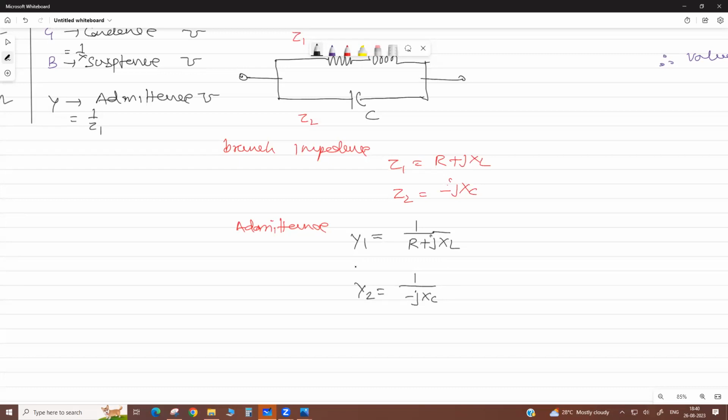Now this is multiplied with complex conjugate, j by j. Actually, the value of j, it is an operator. What is it? j is a vector operator. If I suppose vector P, if it is multiplied by j, it rotates in anti-clockwise direction with 90-degree angle. So it is called jP.